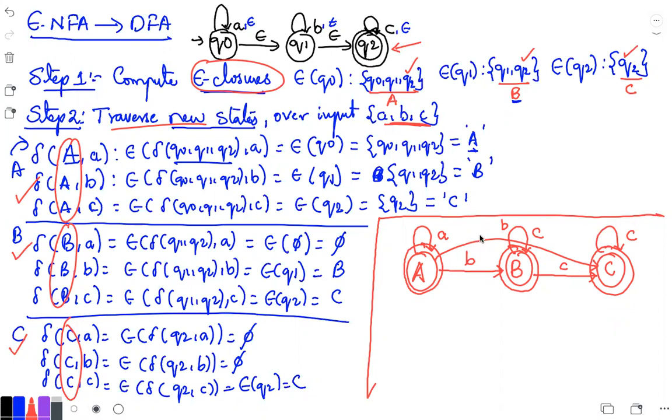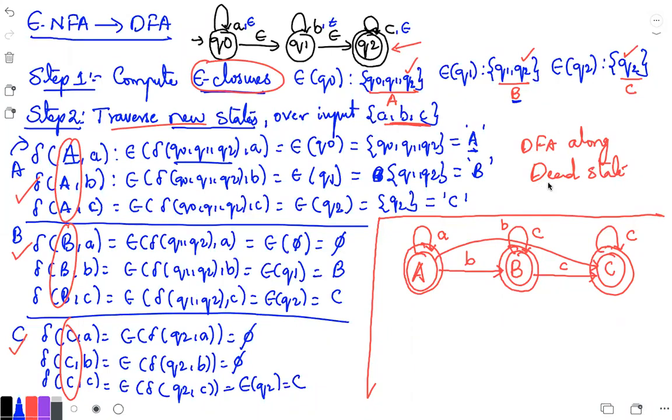In some cases, the examiner may ask you to represent the DFA along with dead states. We have left out the phi path, the null path. B on A, nothing.